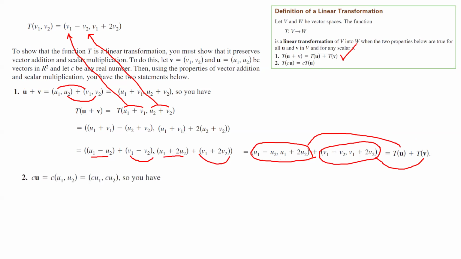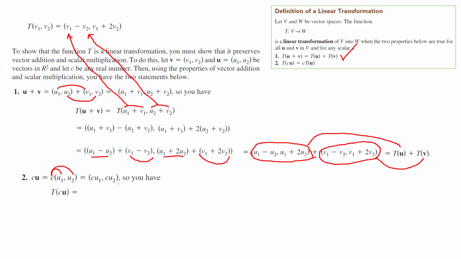Now for the second condition, I need to check whether scalar multiplication is preserved or not. So I'm going to plug in cu and see if I can somehow factor out c. cu is c times (u1, u2). You basically distribute c into the components, and you get (cu1, cu2).